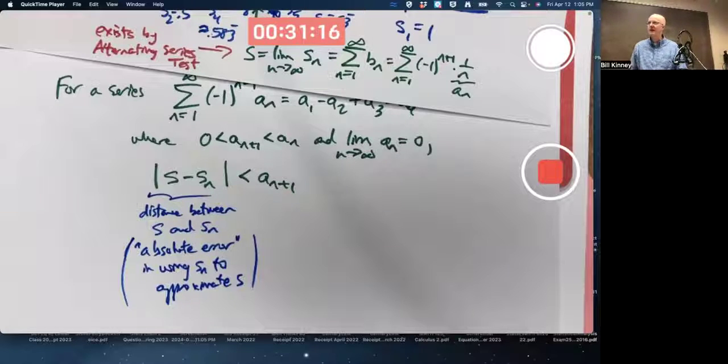Not going to prove this, but let's use it to, for example, figure out how big n should be to guarantee that S_n, the nth partial sum for the alternating harmonic series, is within, say, 0.001 of S.